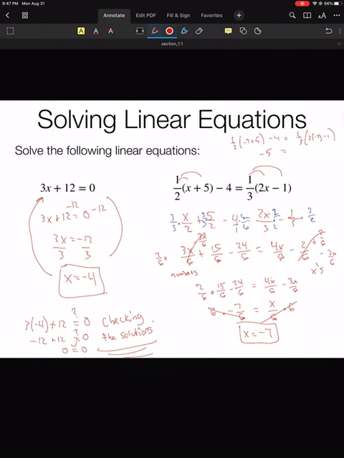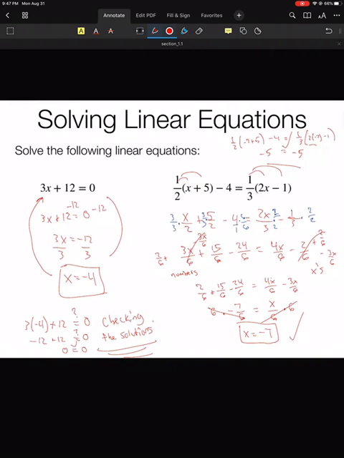If you're not sure how I did that arithmetic, try to think through it yourself, and if not, use a calculator. And then on the other side, 2 times negative 7 is negative 14, minus 1 is negative 15, and negative 15 divided by 3 is negative 5. So I in fact get negative 5 equaling negative 5. My check is good, and so my solution is negative 7.